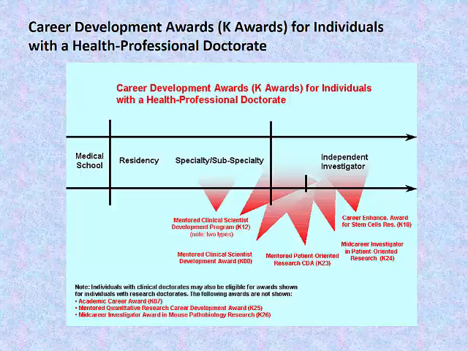This would be a kind of award you could apply for to protect your time so that you could do the educational program and the mentored project needed to make that transition. And then there are other K awards that you'll see further along in the pathway.